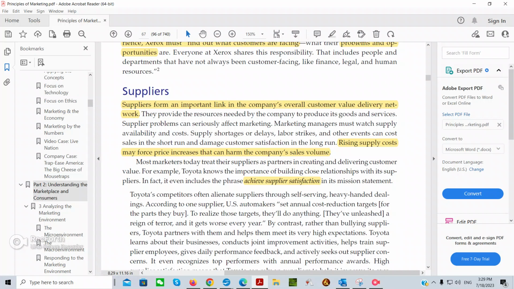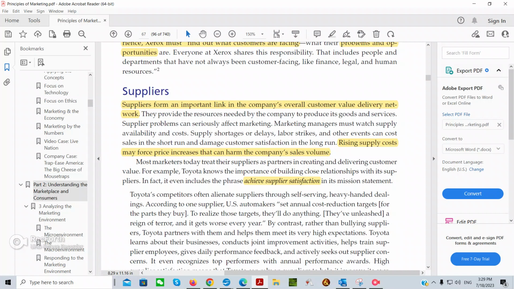Now, Toyota's competition often alienates suppliers through self serving, heavy handed dealings. According to one supplier, U.S. automakers, quote, set annual cost reduction targets, referring to the parts they buy. To realize these targets, they'll do anything, referring to they've unleashed a reign of terror that gets worse every year.